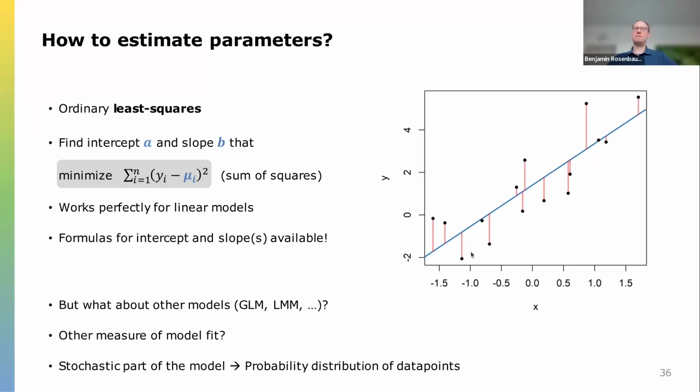And usually, we do not only want to find parameters that minimize the residuals, but which minimize the squared residuals. So here I minimize the sum of all the residuals squared. This has two reasons. First of all, if we wouldn't use the squares, sometimes the model would not be identifiable.